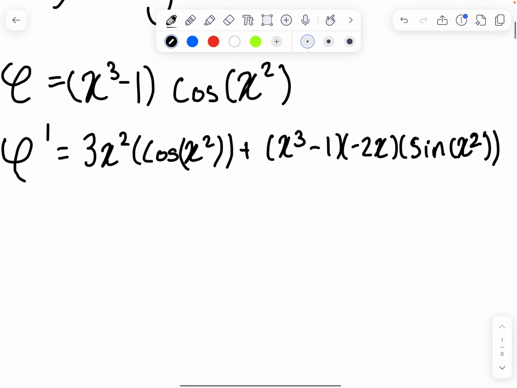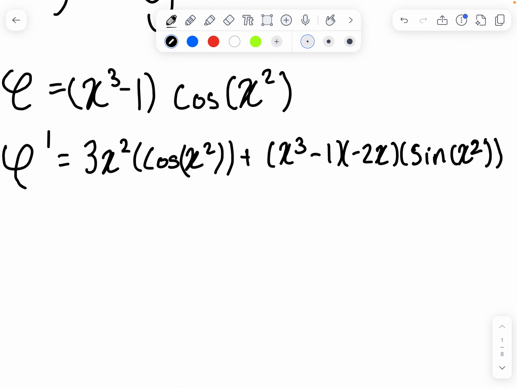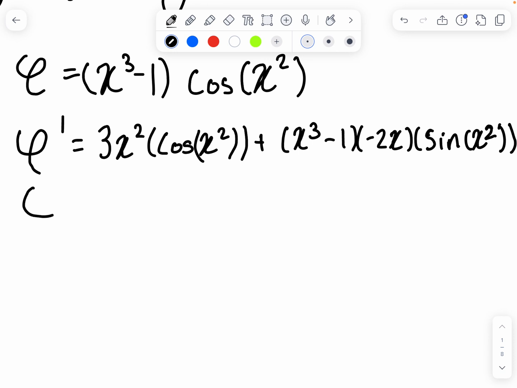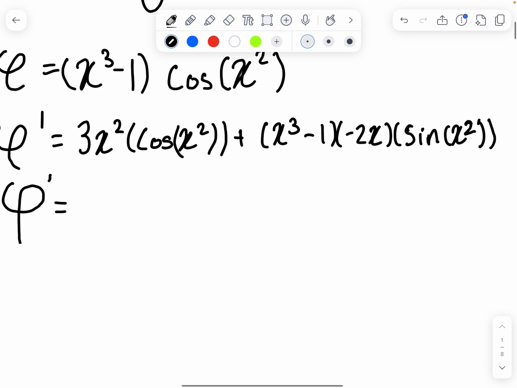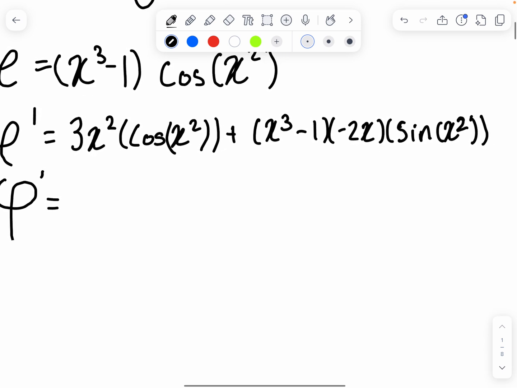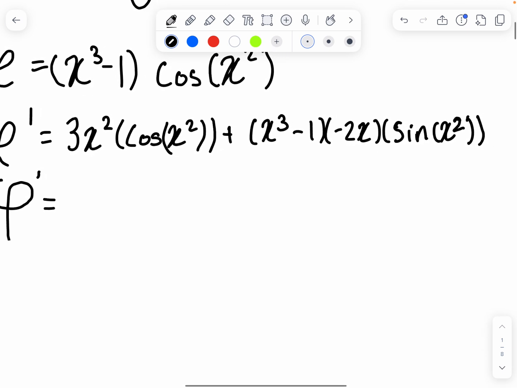Okay, now we have to simplify. Mostly everything's actually the same, so we only shift some variables.